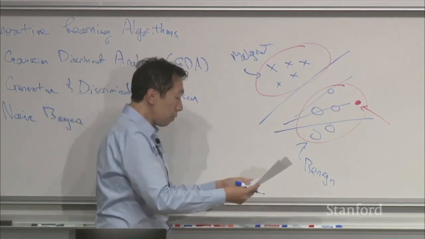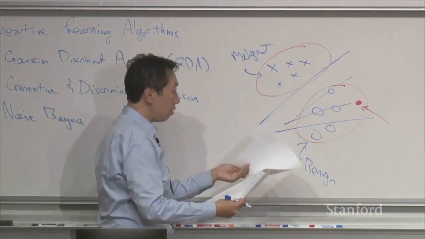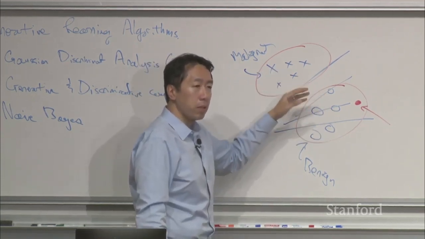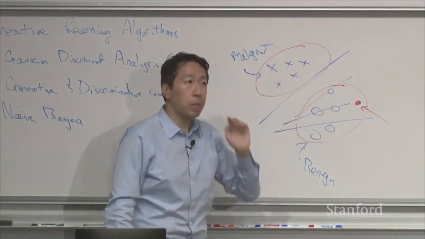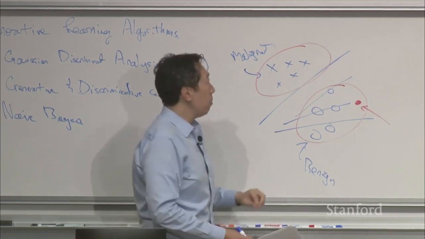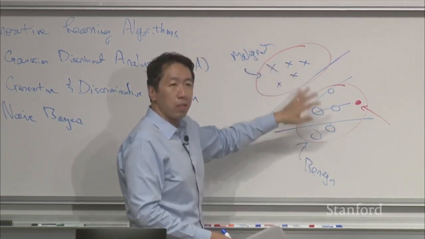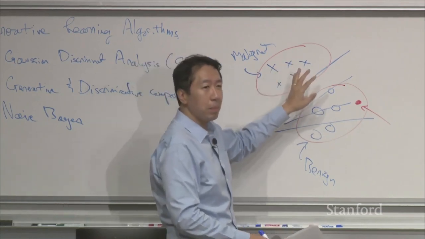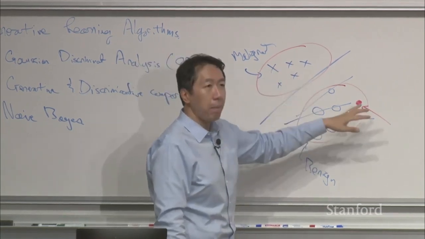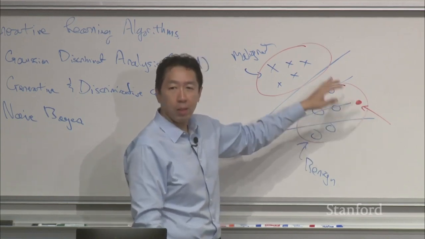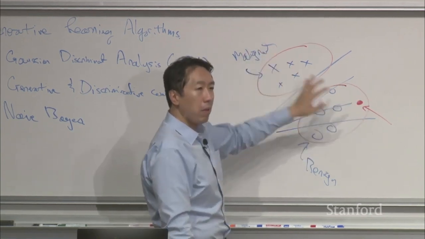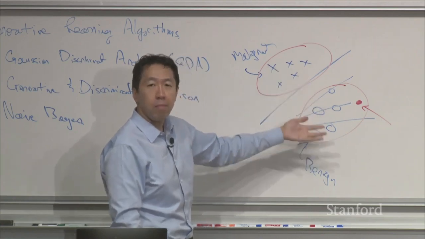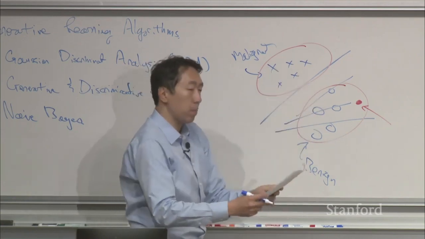So rather than looking at both classes simultaneously and searching for a way to separate them, a generative learning algorithm instead builds a model of what each of the classes looks like, almost in isolation, with some details we'll learn about later. And then at test time, it evaluates a new example against the benign model, evaluates against the malignant model, and tries to see which of the two models it matches more closely.